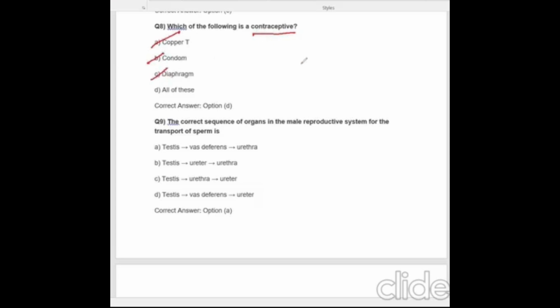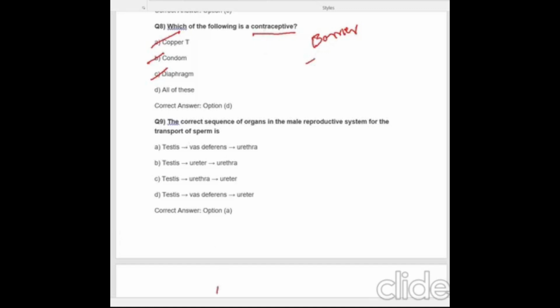So for contraceptives, you have barrier methods, devices, hormone-based medicinal methods, and also contraceptive pills, and there is a surgical method also to prevent conception.